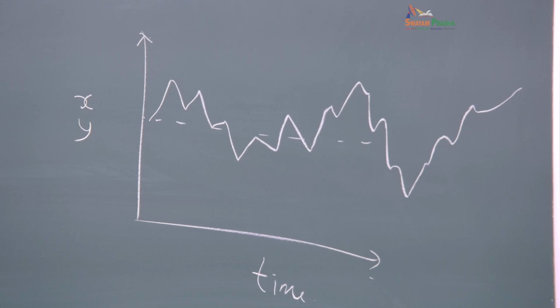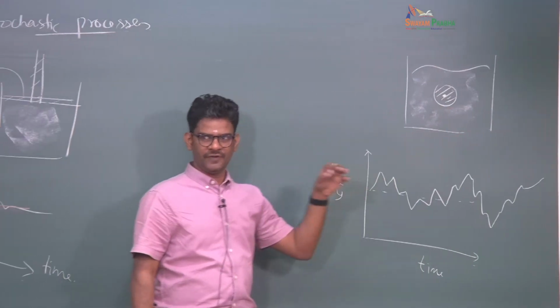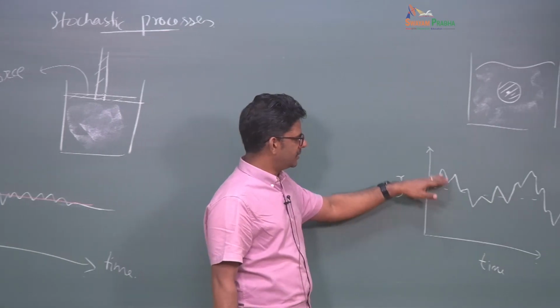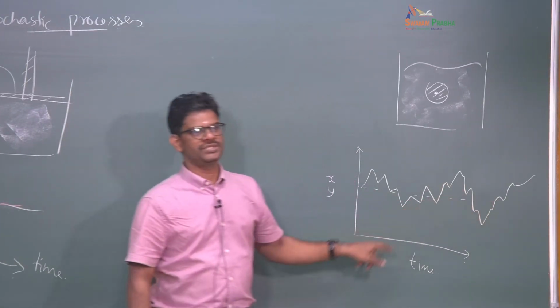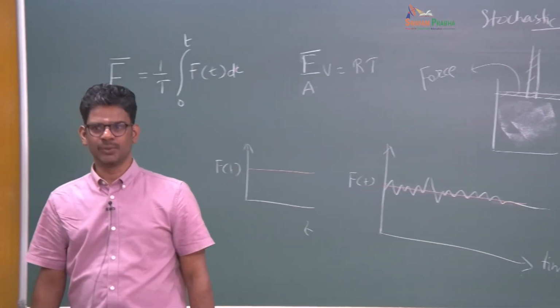Okay, I am plotting x coordinate or y coordinate as a function of time of a Brownian particle suspended in a liquid, and if you look at the trajectory, the x component, y component, you will see that it kind of goes about, and then here also you will see the mean x coordinate or y coordinate will be 0.